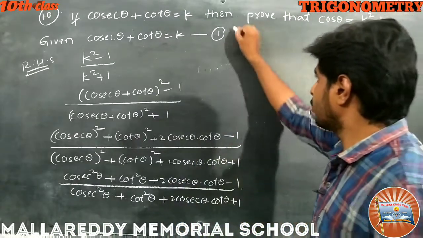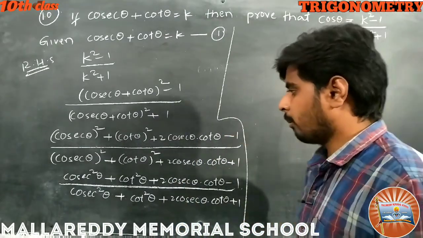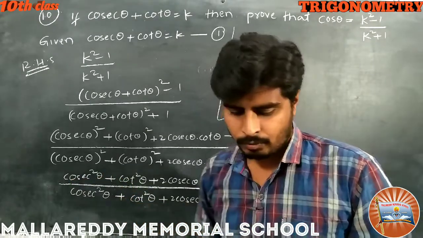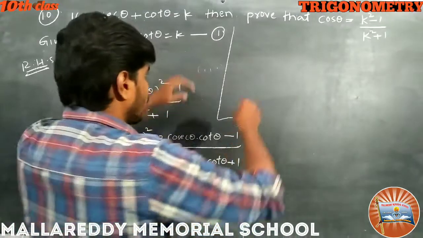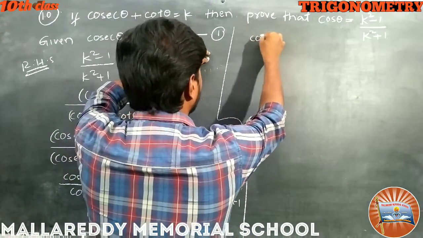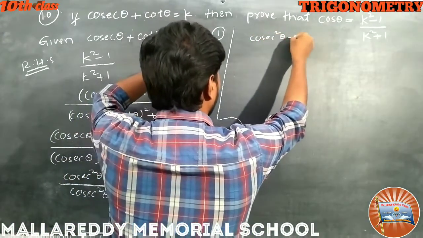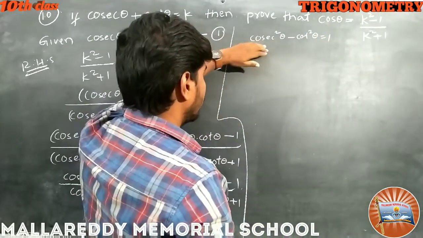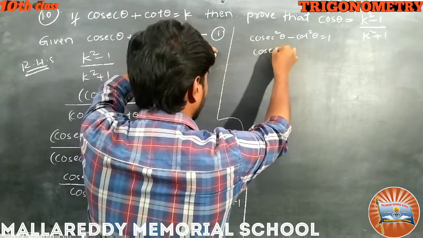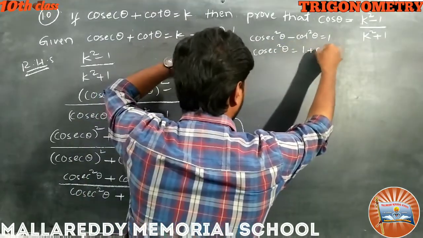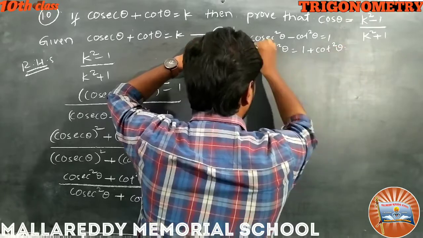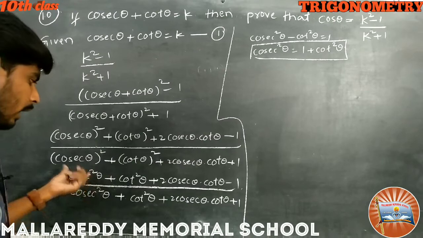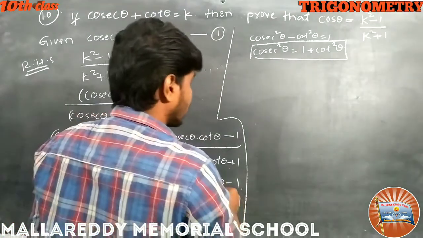So look at here. In place of cosec square theta we can replace. So what is the formula we are having? Cosec square theta minus cot square theta is equal to 1. With the use of this, in place of cosec square theta we can replace 1 plus cot square theta, isn't it? And the next step, in place of cot square theta what we can write?